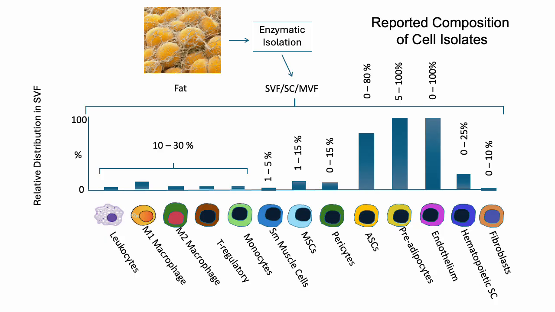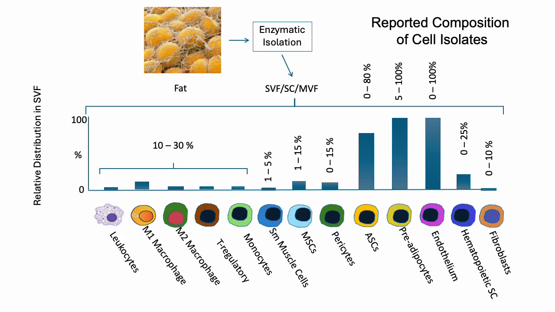This characterization just of endothelial cells alone goes from 0% endothelial cells in the final SVF fraction up to 100% of the cells being endothelial cells. Reality is somewhere in between in all of these cell populations as far as the factual percentage of individual cells of the total cells that have been isolated.